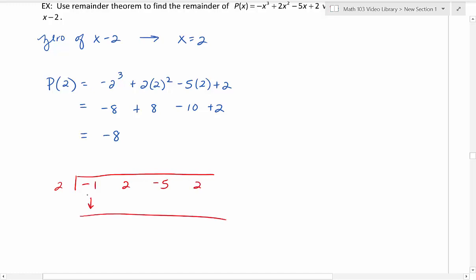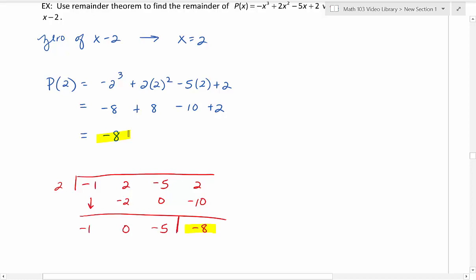And then we perform our synthetic division, dropping down our first number, multiplying by the 2, add down, multiply by 2, add down, multiply by the 2, add down. We know the last number is always the remainder with our synthetic division, and note these two numbers match.